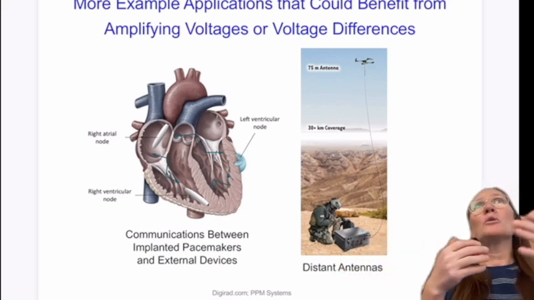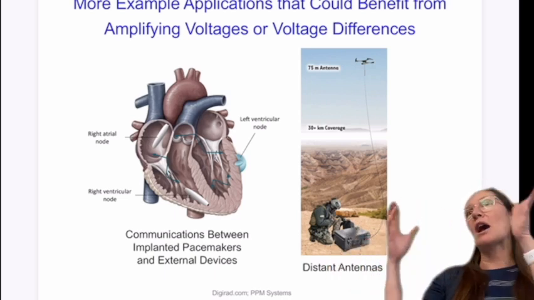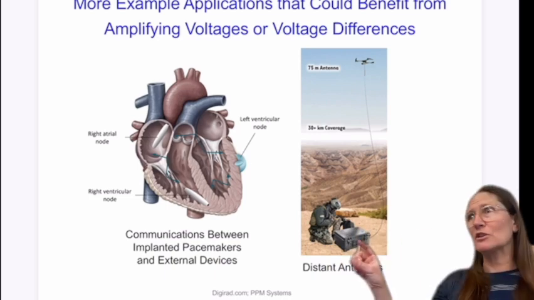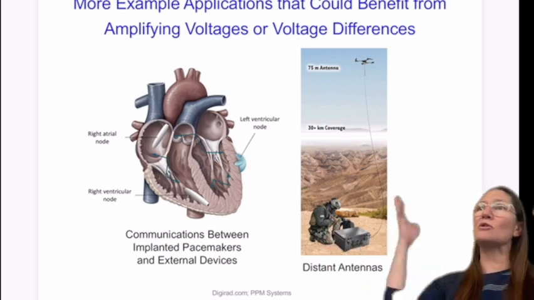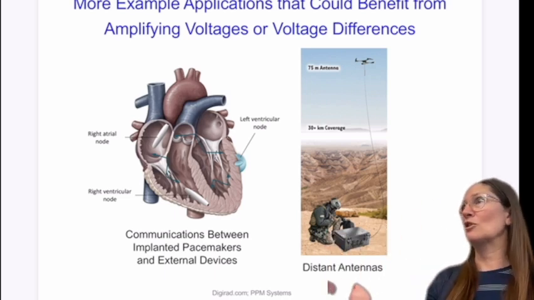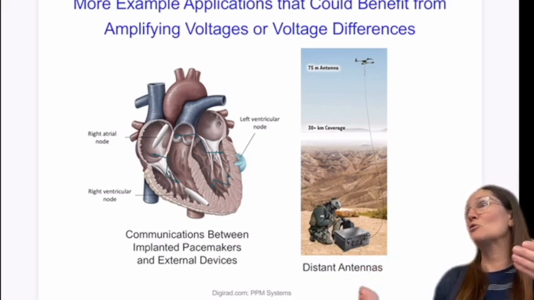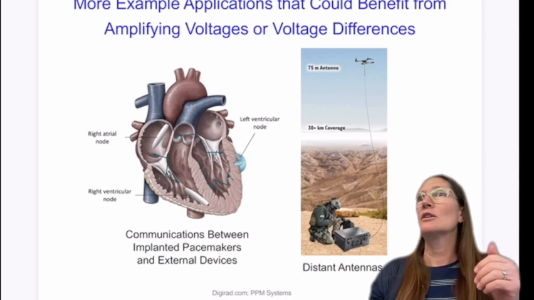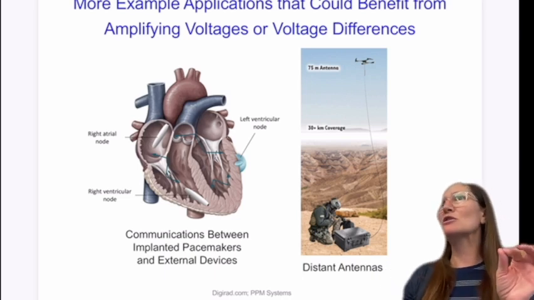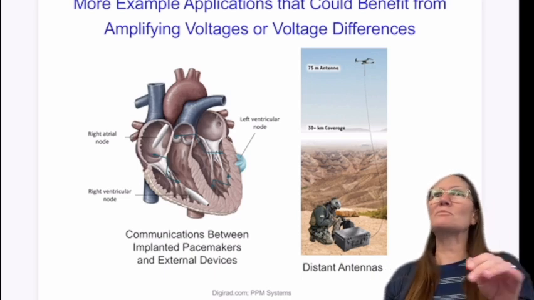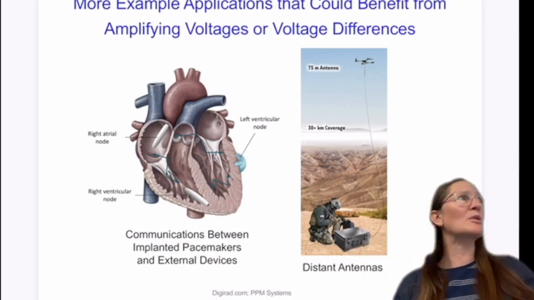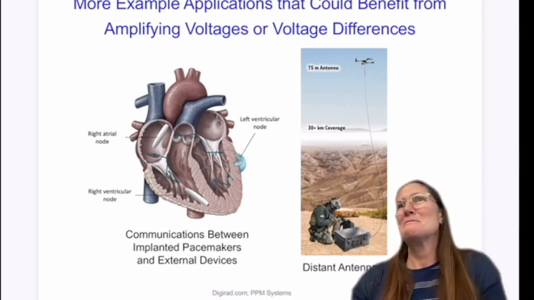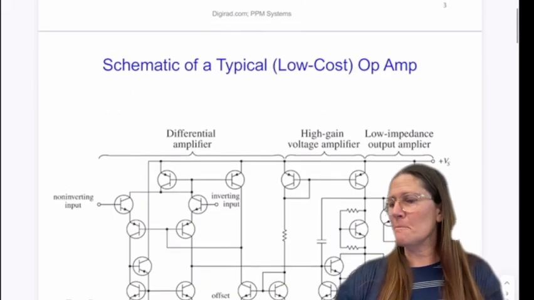So when signals are sent, they're packaged up into this smaller signal, and then they're sent, and then it's received, and then you need to amplify that up again so that it comes out as a signal that you can make more sense of. Does that make sense for some of the applications? These are just a couple applications, but they're used throughout electrical and computer engineering. I just wanted to bring some that you guys might find cool.